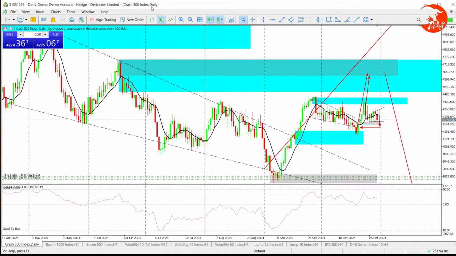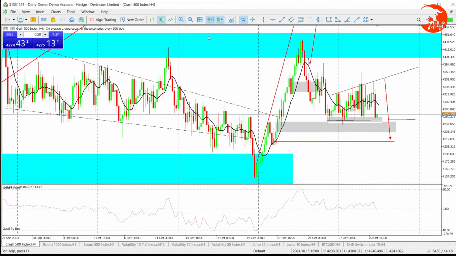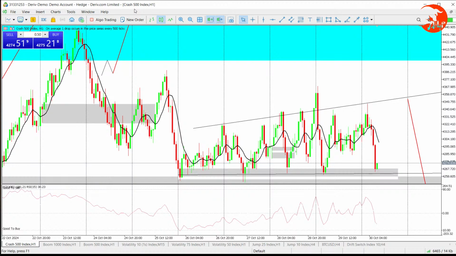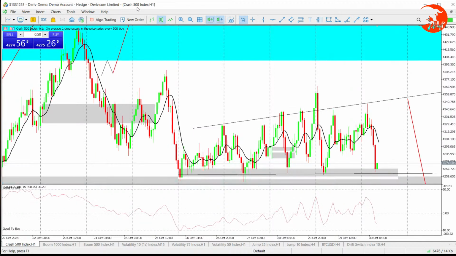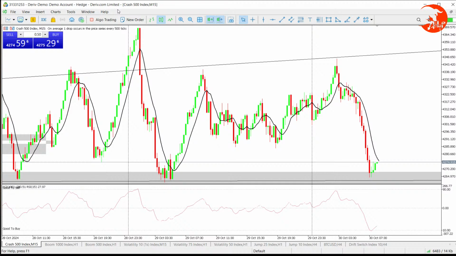But we said we may first anticipate sales to take us just there where that candle is, those who remember, and then head over to buys. But for now, we can see the consolidation still going on according to H4 and H1. And looking at M15, we are now oversold.